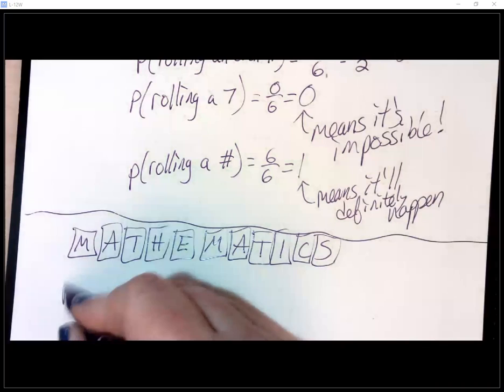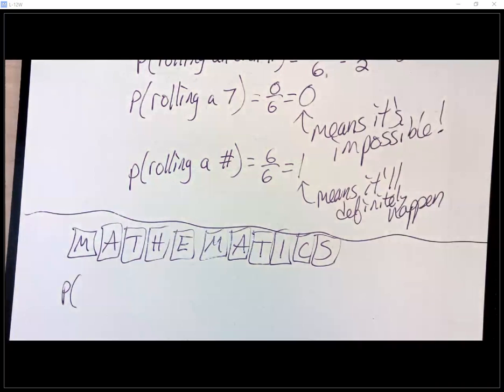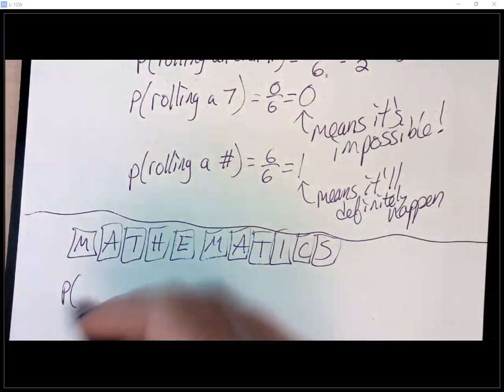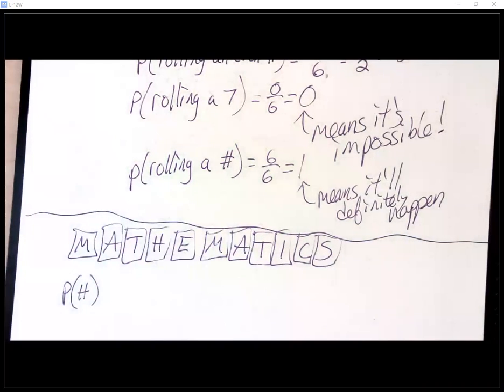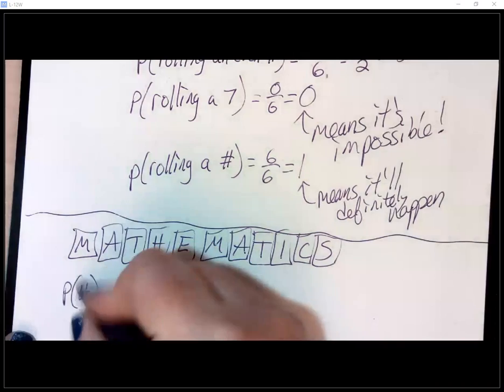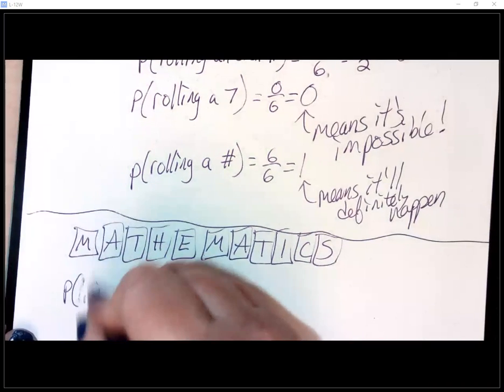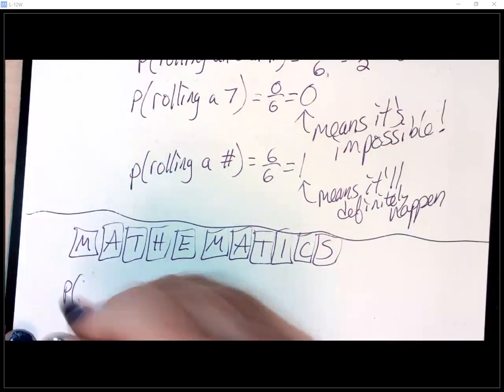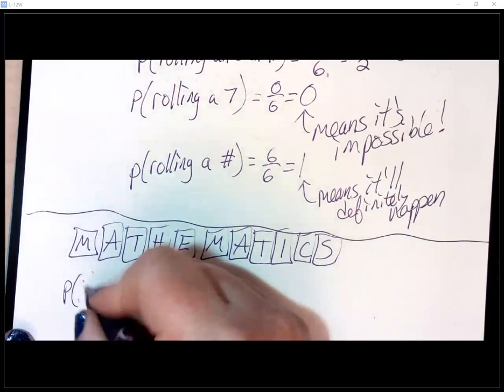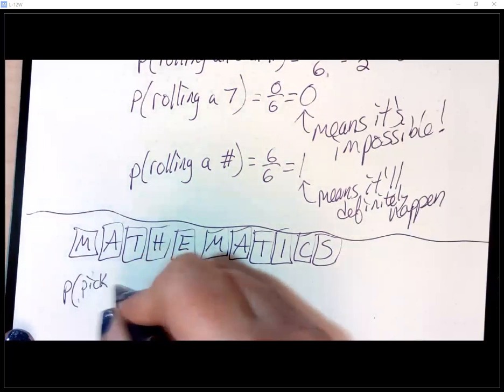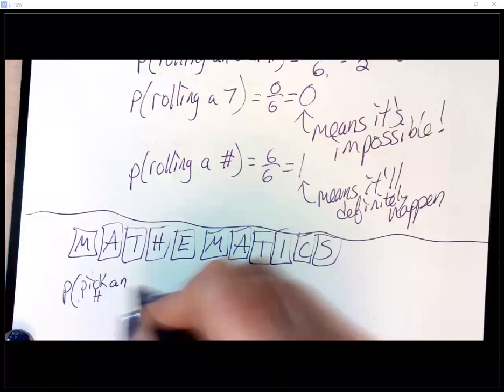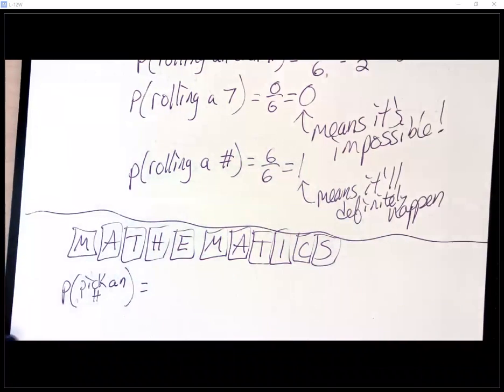Let's start with the probability that you pick an H. So you're picking a card at random. You can't see what they are. You're just going to choose one.